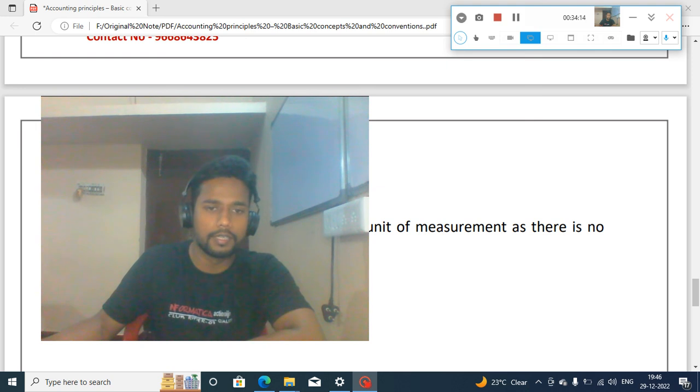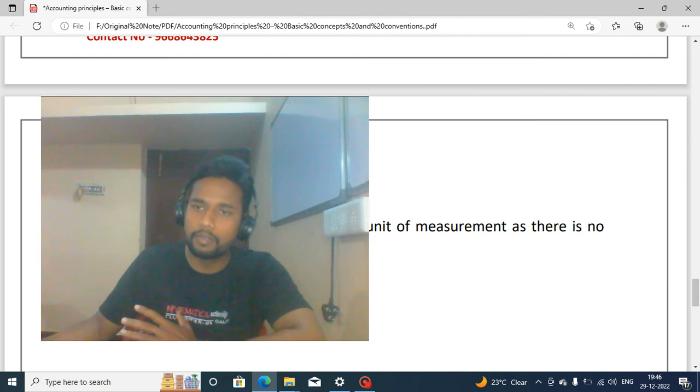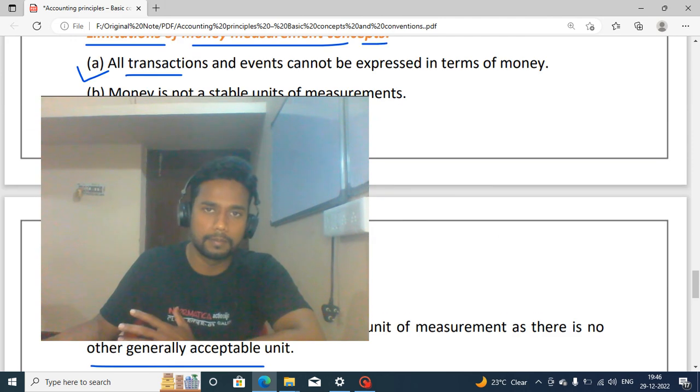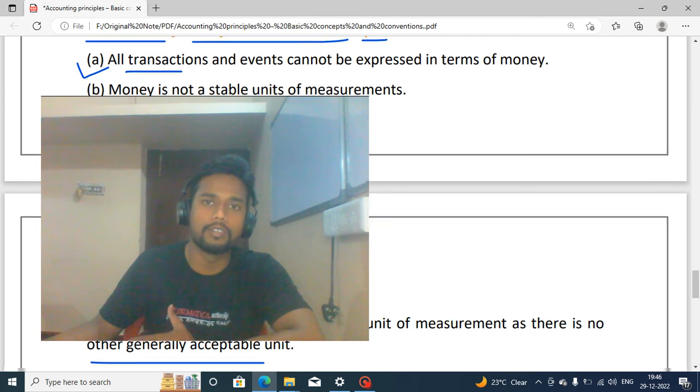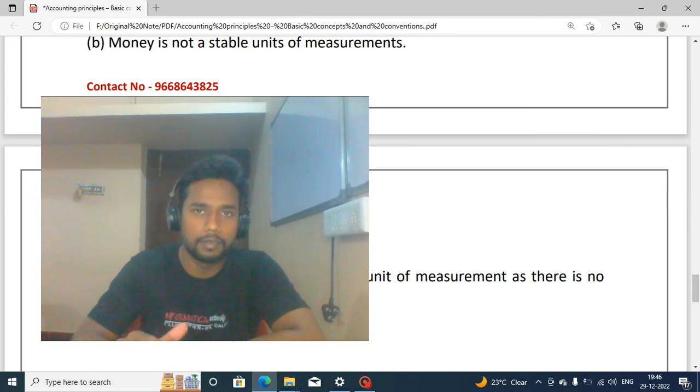There are two major drawbacks, but we are still using the money measurement concept. Why? Because we have no option. There is no other common unit of measure like money. So that's why we are following this particular principle.